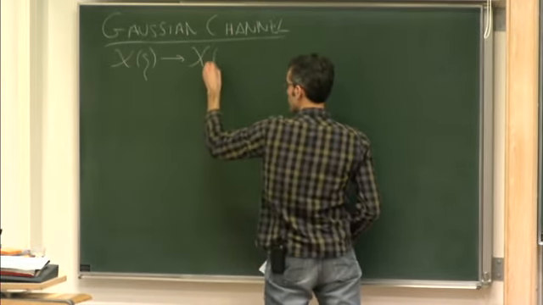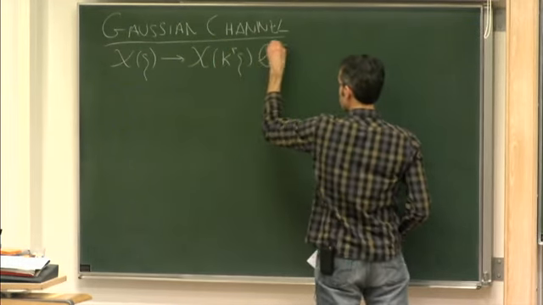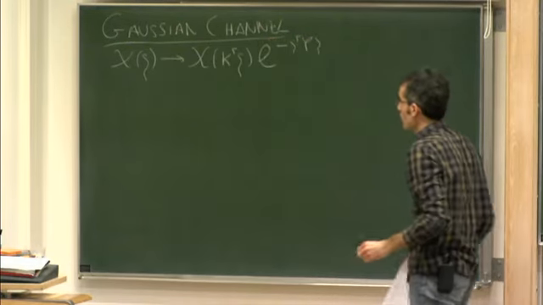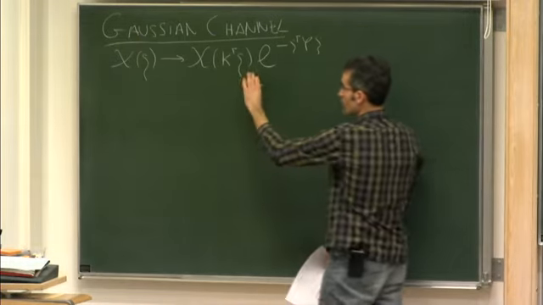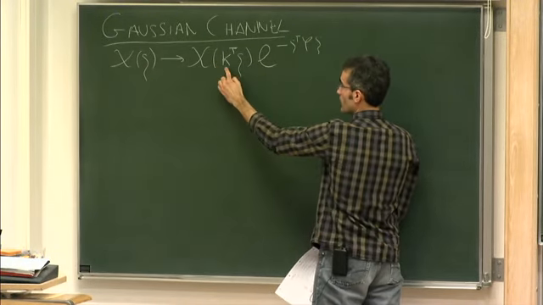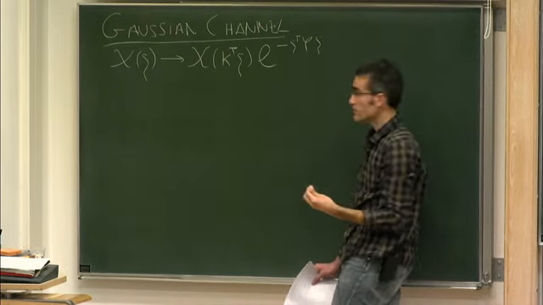So what we get is something like this. It depends on two matrices: this K matrix and this Y matrix. And now I'm going to give you some kind of physical interpretation of this.